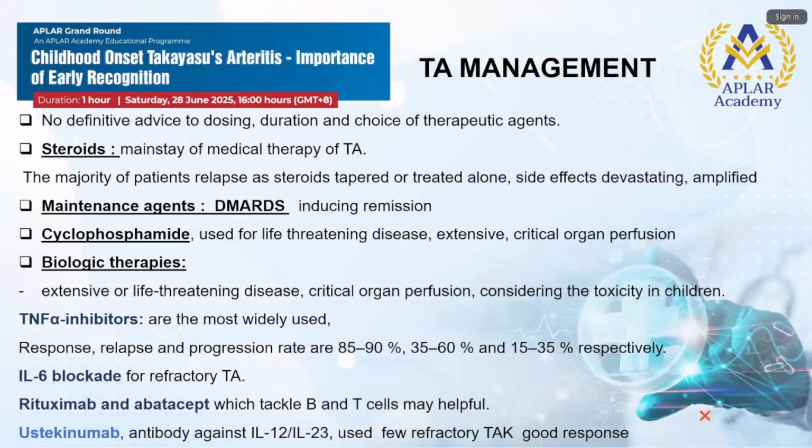And about the treatment, therapeutic management is challenging. Most children with Takayasu suffer from progressive or relapsing types of the disease and require immunosuppressive therapy to control vascular inflammation. Delays in diagnosis and treatment may cause irreversible vascular damage.